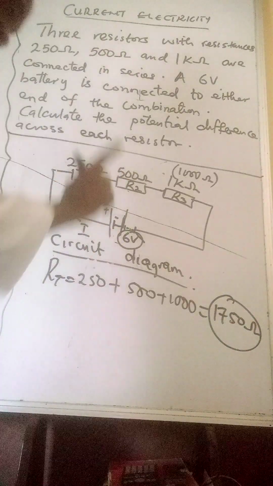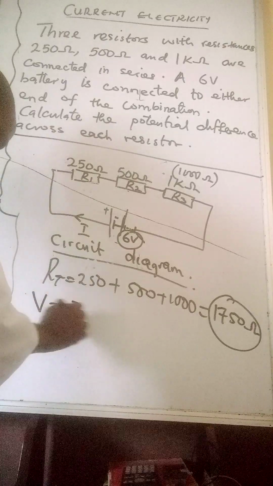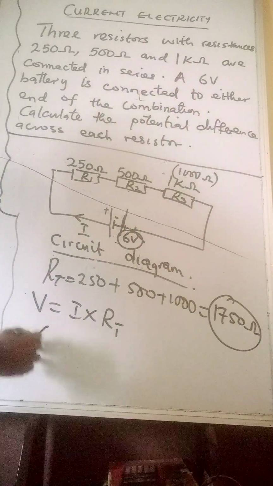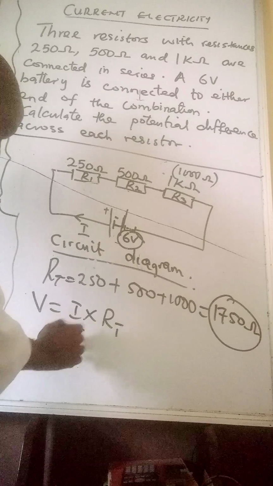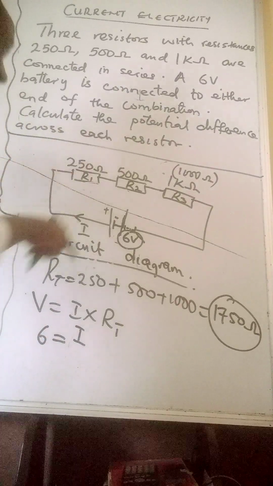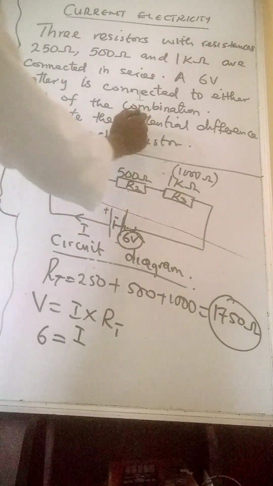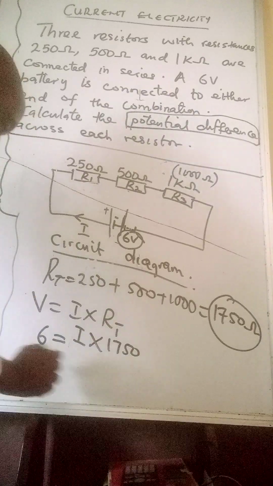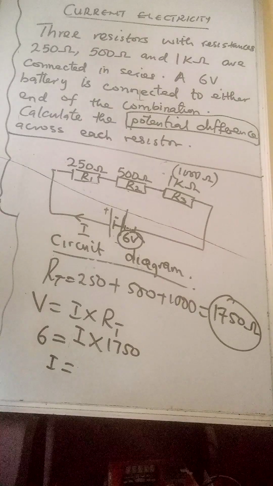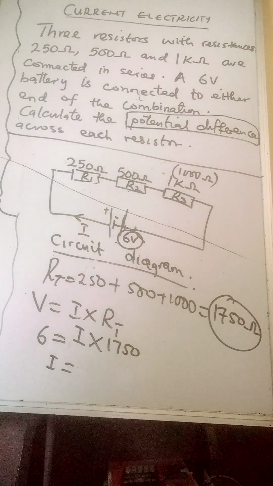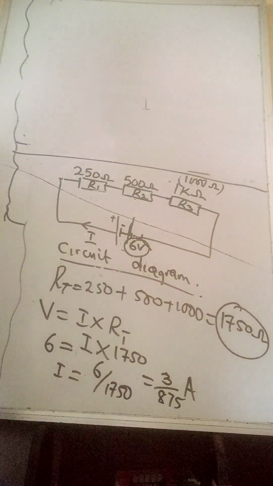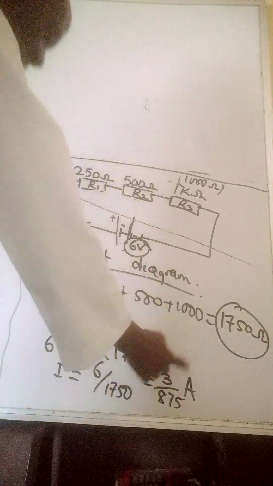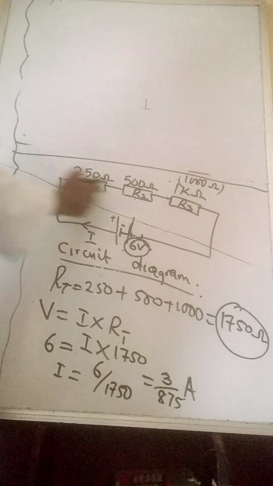So from Ohm's law, V equals current times total resistance. Our V, don't forget, is 6, equals current, which we are looking for in the whole circuit, because without knowing the current, we cannot solve this question, times 1750. What will now be I? I is 6 divided by 1750, and that is reduced to 3/875 amps. So this is the current flowing through the three resistors.